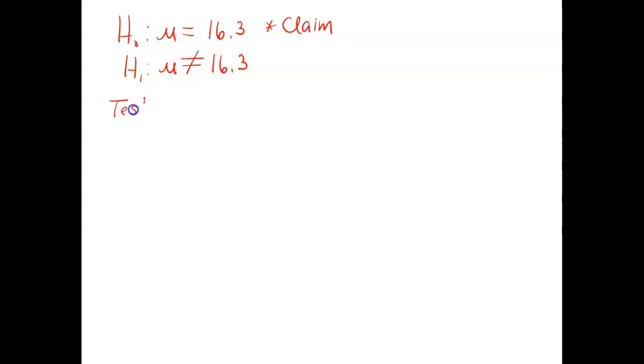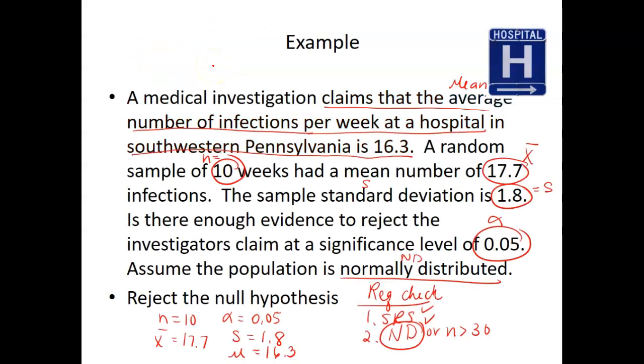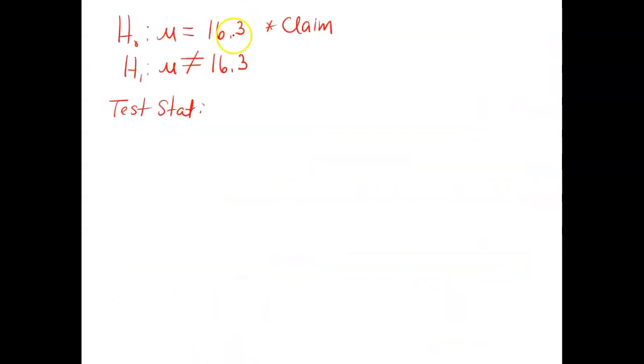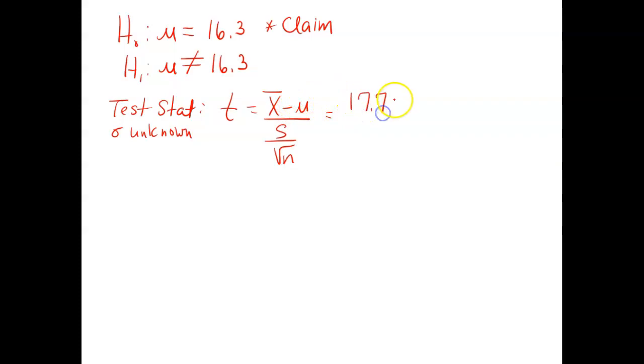Okay, so our test statistic. If we look back at what we were given, there is no mention of a sigma. There's no population standard deviation that's known, so I'm going to have to use a t-test statistic since sigma is unknown. So I'm going to have x bar minus mu divided by s over the square root of n. My x bar on this one was 17.7.